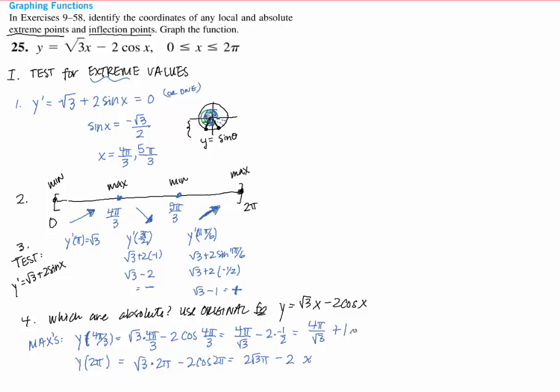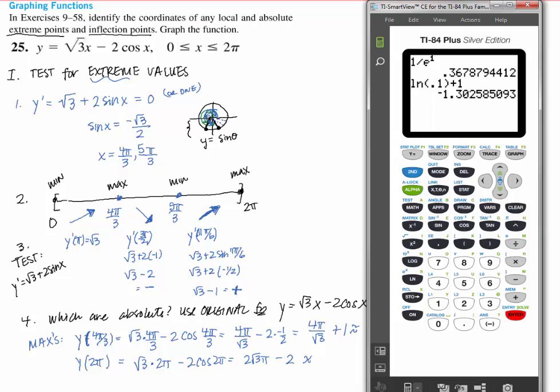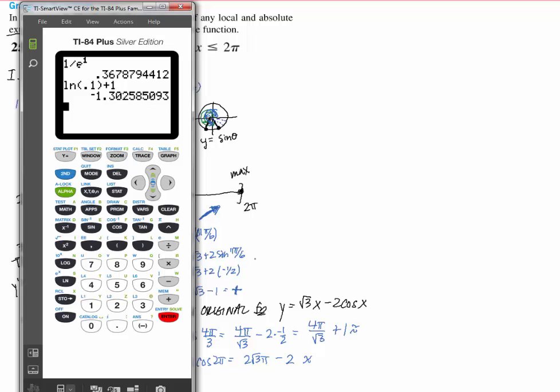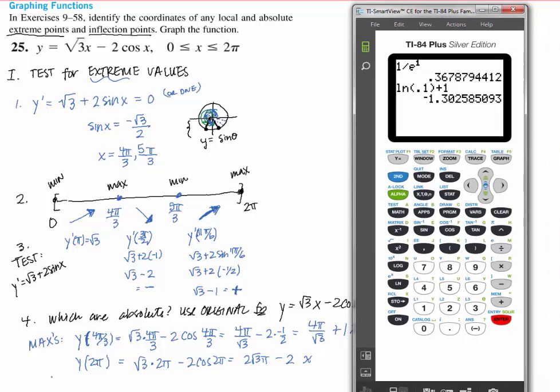I can't compare these two together. Sometimes you can if one turns out to be a nice easy number like pi or 0 and one's positive, but not in this case. So let's pull out our handy dandy calculator and see what we get when we evaluate these. You can use these values that we simplified, or you could go all the way back to the original function, whatever makes you feel more comfortable.